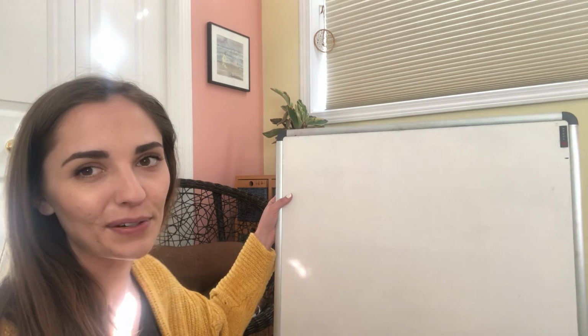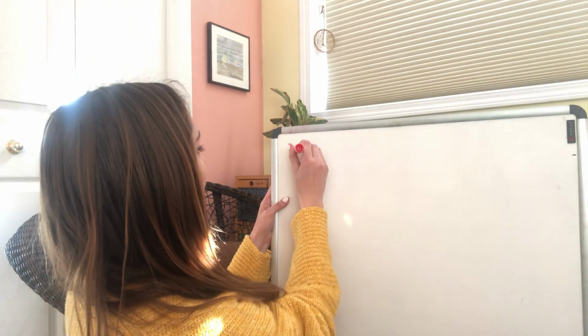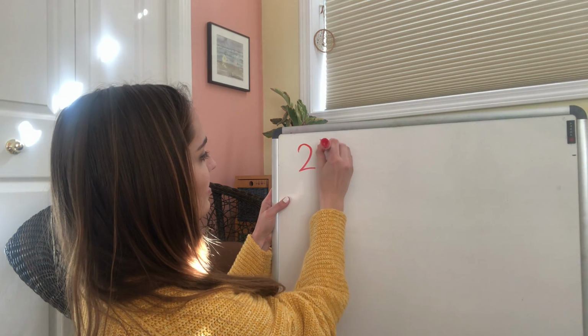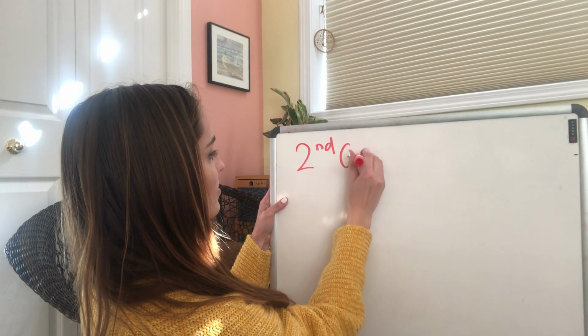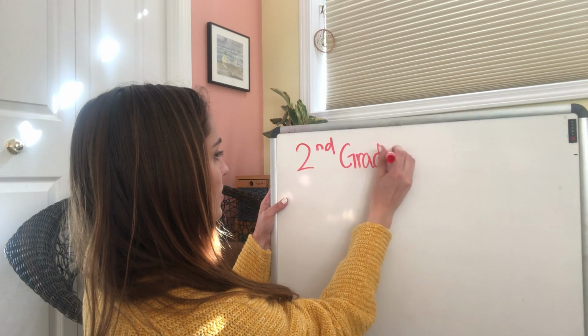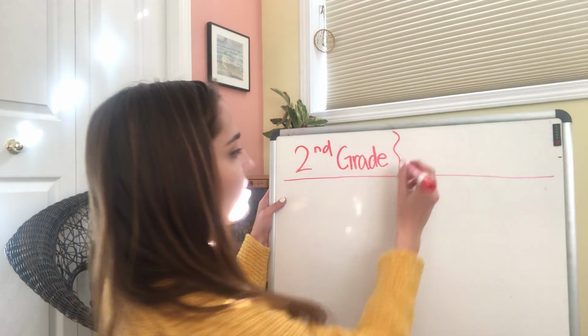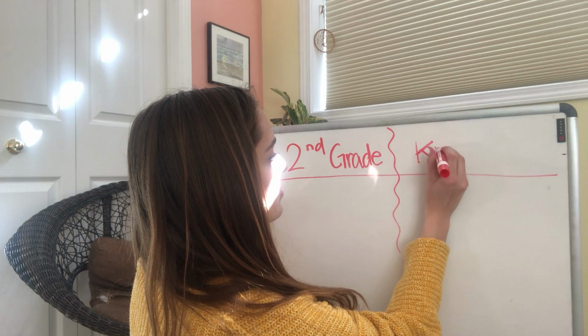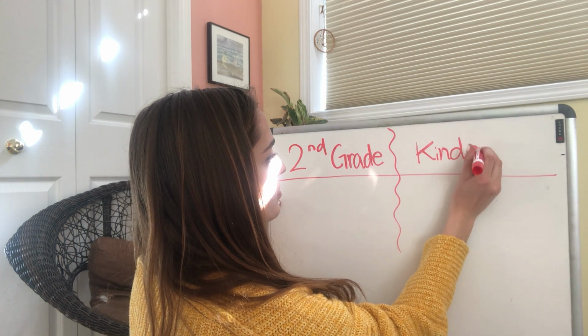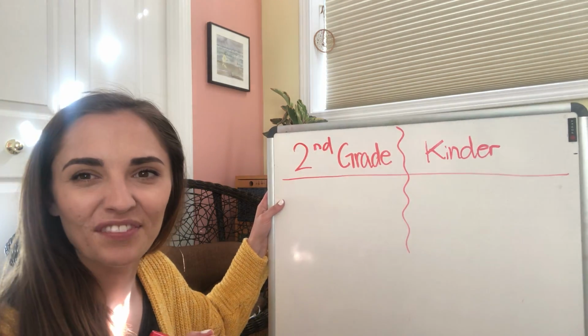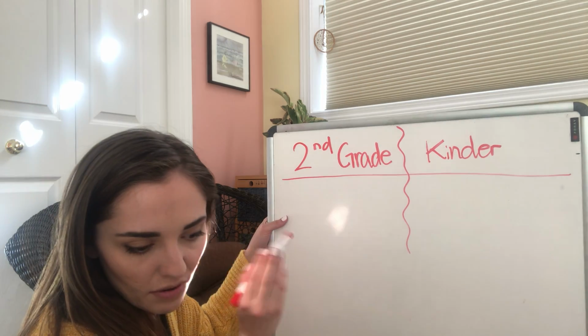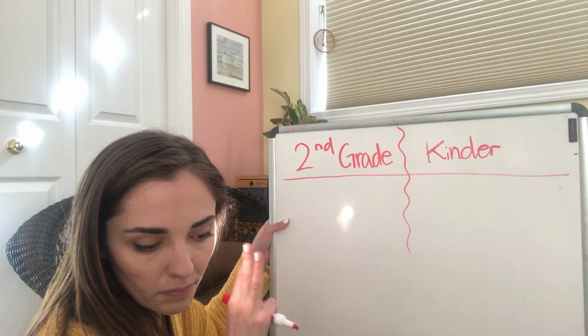Okay, so let's go back, and it says there were 4 second grade kids riding bicycles. So what I'm going to do, I think I will write a section for second graders. And then I'm going to write another section over here for the kindergartners. I'll just write kinder for them. Okay. So second grade, and we know they're riding 4 bicycles.